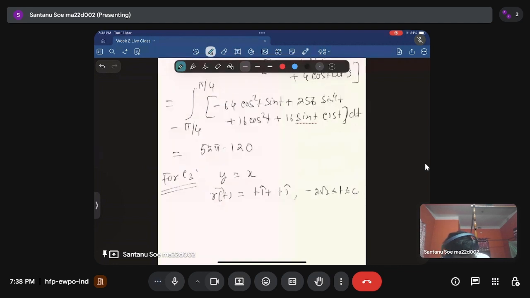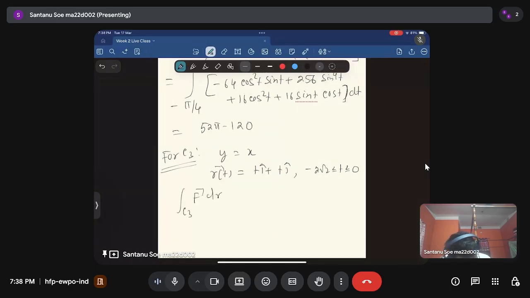Okay, and then integral over C3 of f dot dr will be the same as the integral from minus 2 to 0 of (t square minus t cube) i cap plus t j cap, dot product with dt of i plus dt of j.